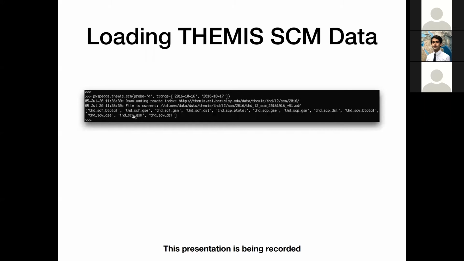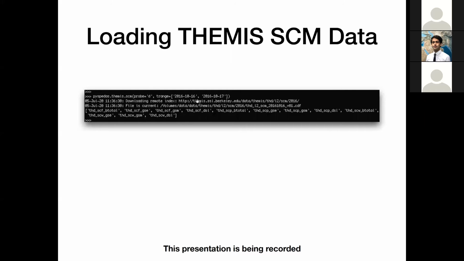So another example from a different mission, to load SCM data. That's the search coil magnetometer data from THEMIS. You just call pySPEDAS.themis.scm. You could set the trange keyword and the probe keyword. And since I already had the data file locally, it just loaded that local data file.